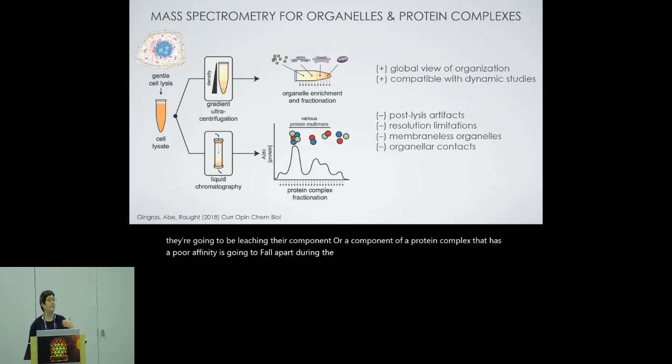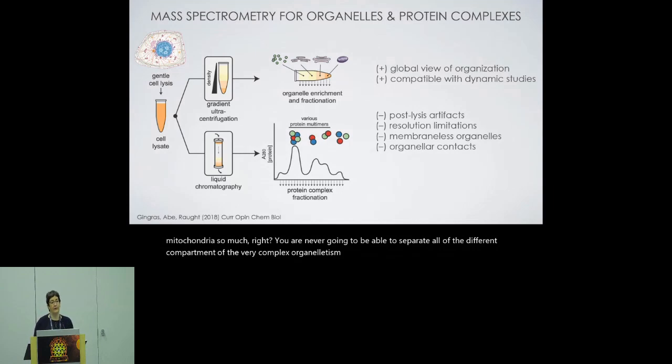But sometimes you get aberrant gain of interaction, gain of participation. You also have limitations in the resolution, so you can only separate a mitochondria so much. You are never going to be able to separate all of the different compartments of the very complex organelle that is a mitochondria.